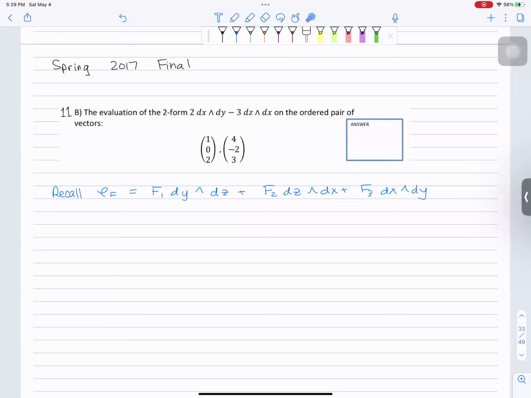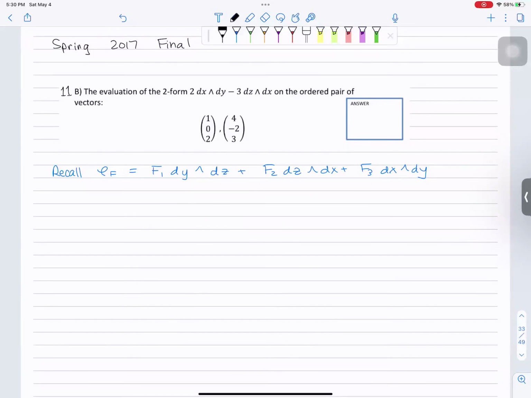How do you compute that is the question. What does eating the vectors mean conceptually? It's like your input almost. Your 2 form is taking in those vectors and trying to do something with them.